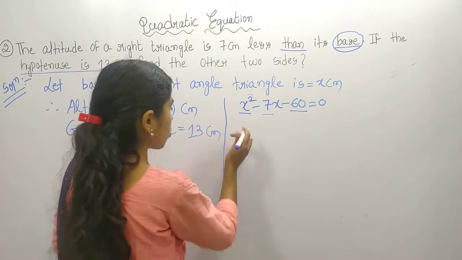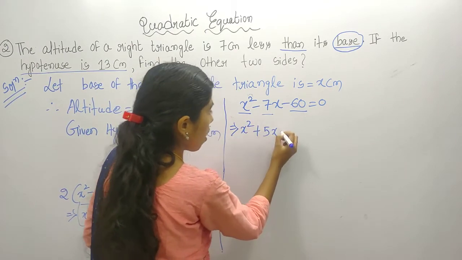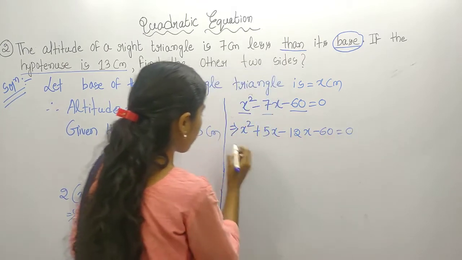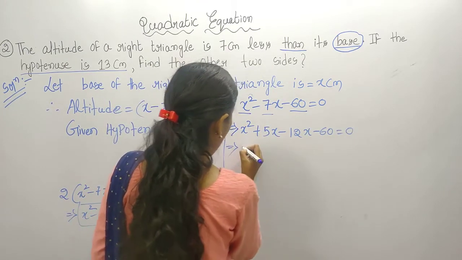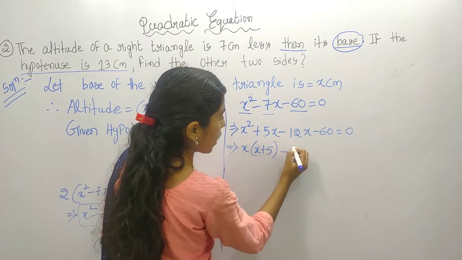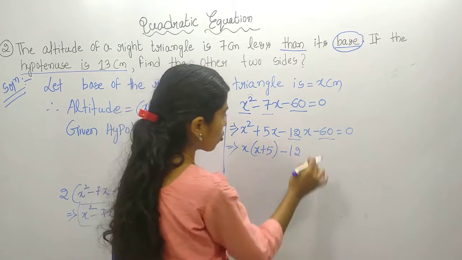You see, so that implies x square plus 5x minus 12x minus 60 equals 0. So, that implies we will take x common. So, x plus 5, here minus 12 is common. These two are multiples of 12 now. So, 12 is common.